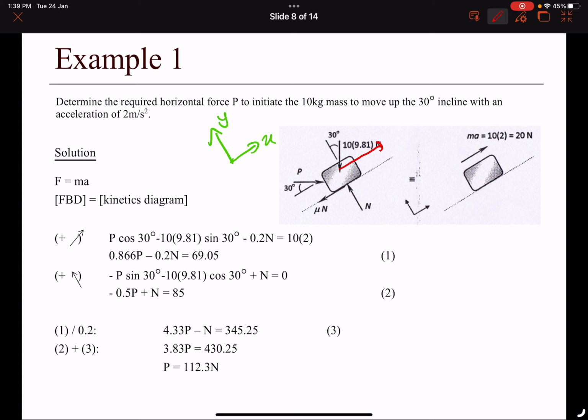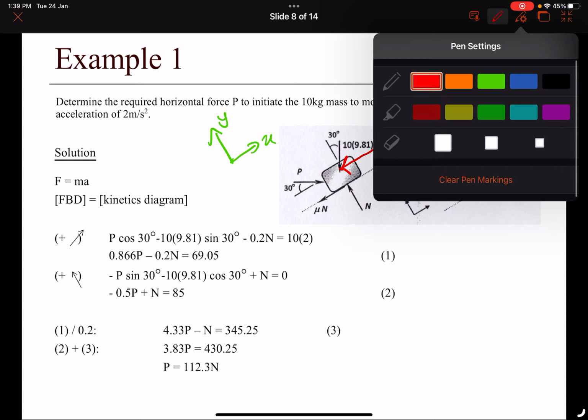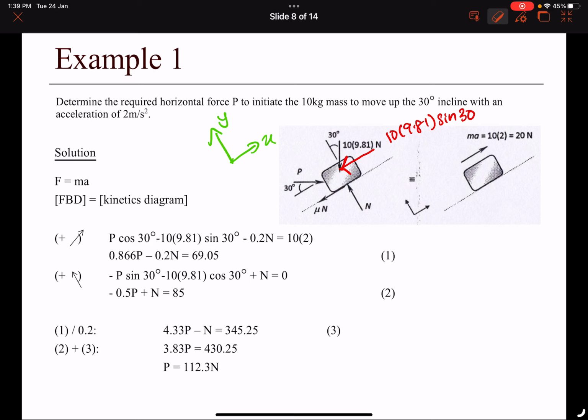It should be 10 times 9.81 sine 30, and this direction should be this direction. And this direction should be 10 times 9.81 cos 30. This is okay, following the assumption here.